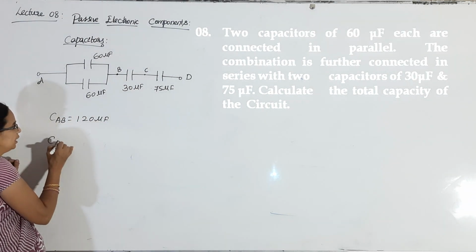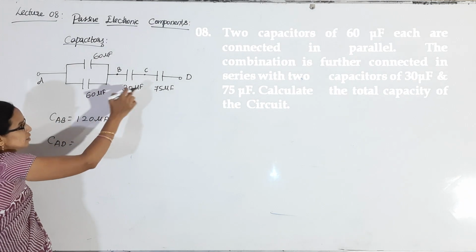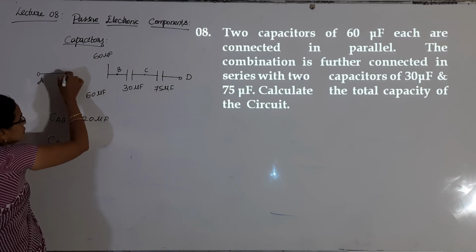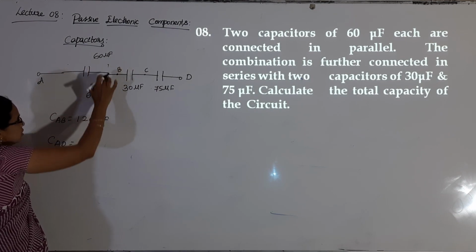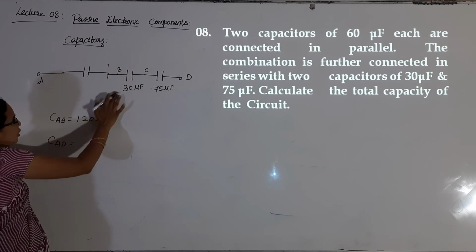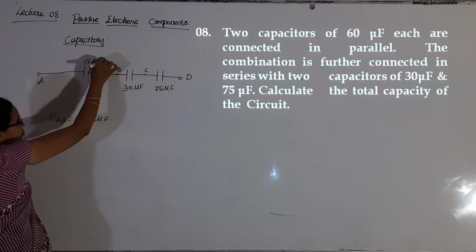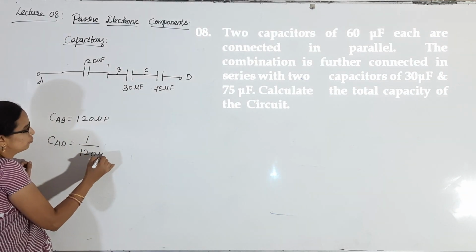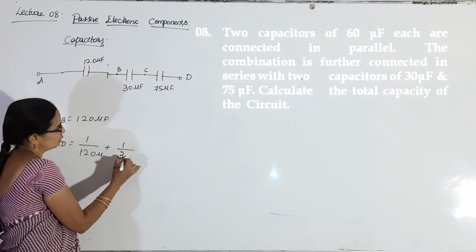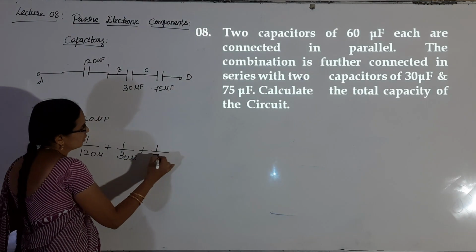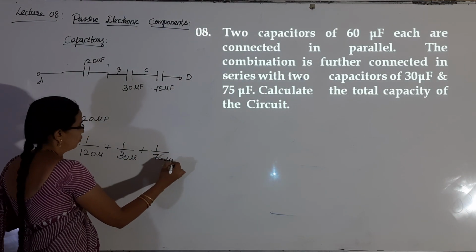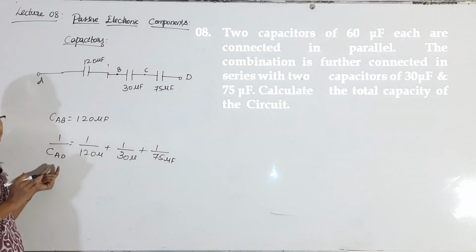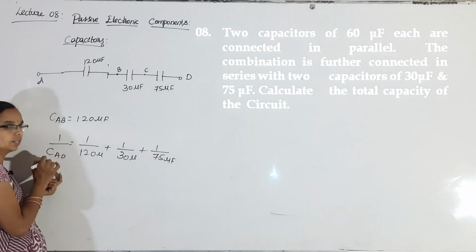So for CAD, the effective capacitance of 120 microfarad is in series. So 1 by CAD is 1 by 120 microfarad plus 1 by 30 microfarad plus 1 by 75 microfarad, or 1 by CS also you can write.